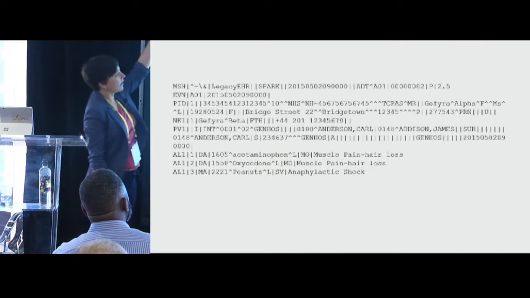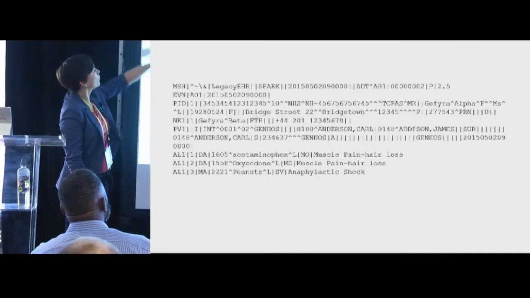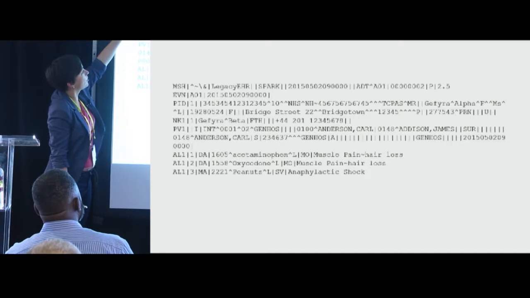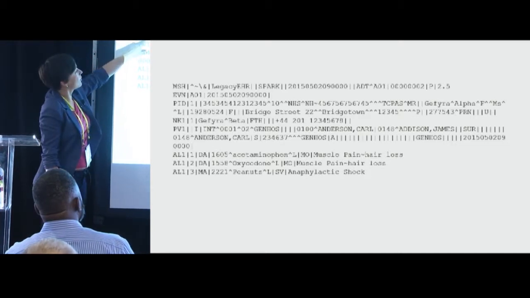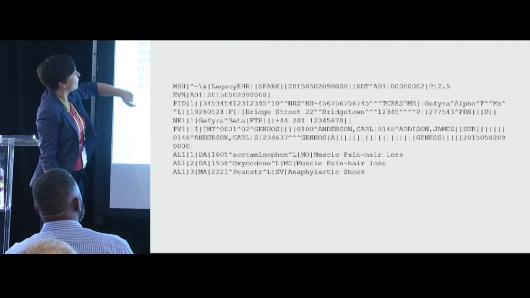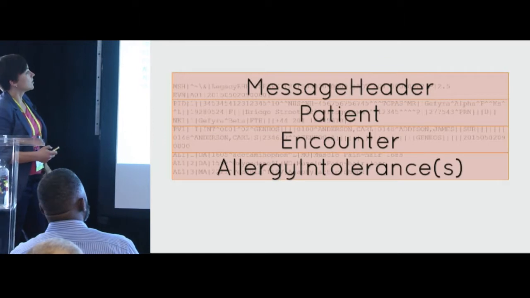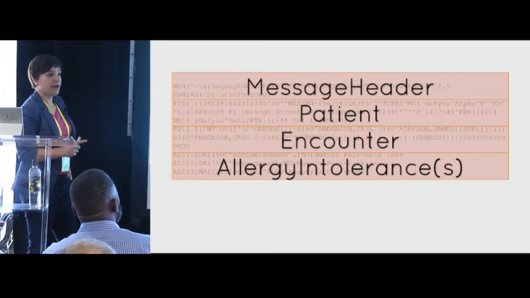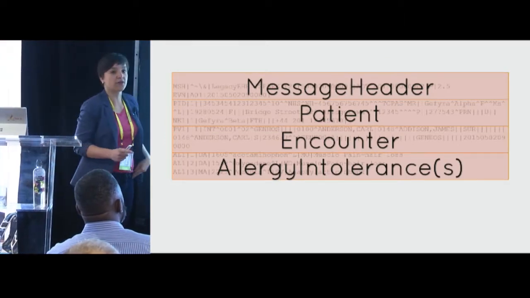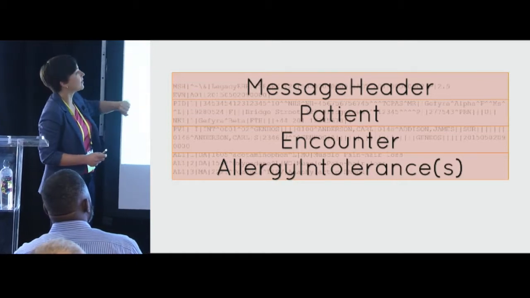We have a classic ADT A01 message with a message header, information about the event, patient demographics in the PID segment, next of kin information, patient visit information, and a couple of allergies. If we want to map that into FHIR, we can find a couple of FHIR resources hidden in this one message.